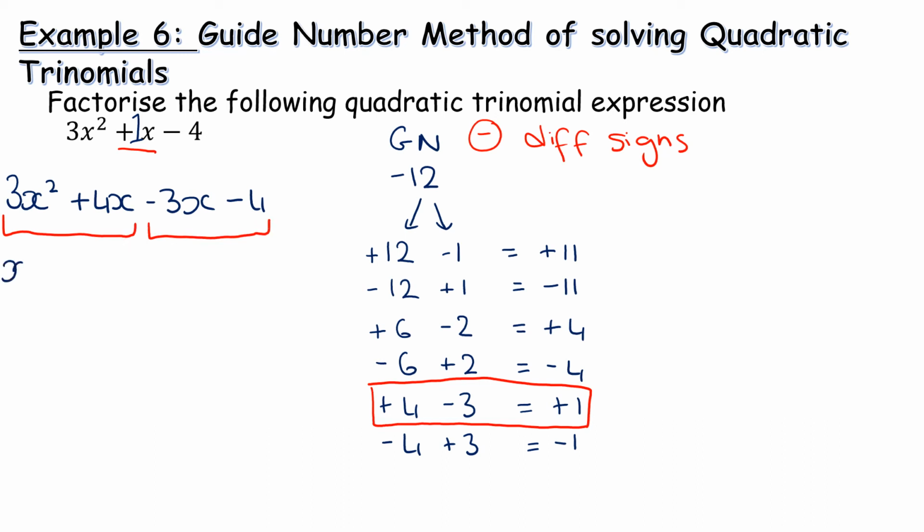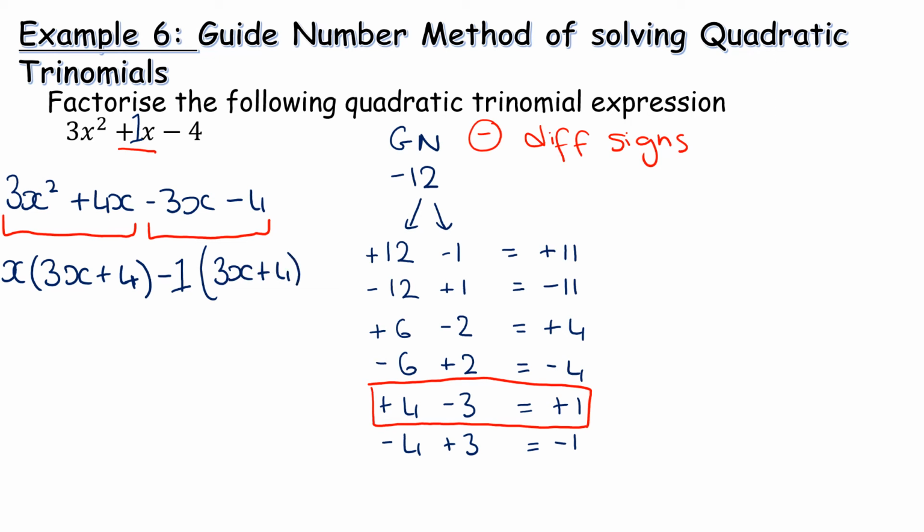I have an x common here, leaving me with 3x plus 4. Remember, we always pull down the sign of the third, which is minus. There seems to be nothing in common here, but remember, even when there's nothing in common, a 1 still divides into both, and we're left with 3x plus 4.